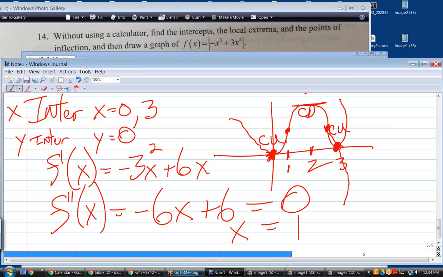We can't even take the first derivative at 3, because you cannot take derivatives at corners or cusps. So they're not defined. Okay. We do go from a concave down to a concave up situation, but it's at a corner or cusp. And whether that's called an inflection point or not, I'm not sure.